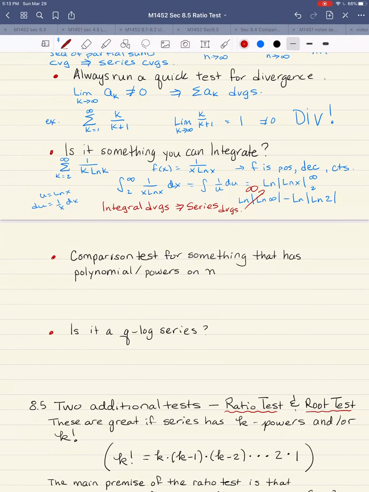Comparison tests are things that look like geometric series but aren't quite geometric, look like p-series but aren't quite p-series, or have numerators and denominators that behave like polynomials.